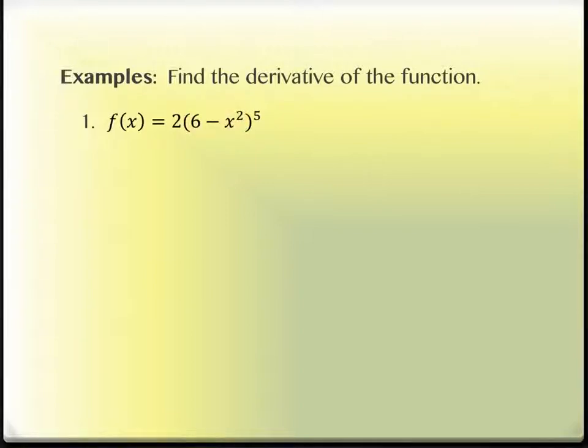So I will have the 5 pulled down, multiplied by the 2 because it's already there, for a 10. And I'll have a power of 4. And the part that I highlighted in pink originally, and just erased, gets rewritten: 6 minus x squared. That's the derivative of the outside, the derivative of the power 5 part.